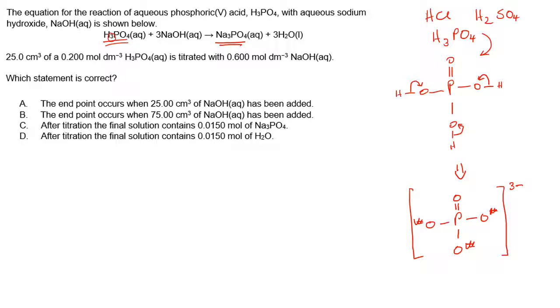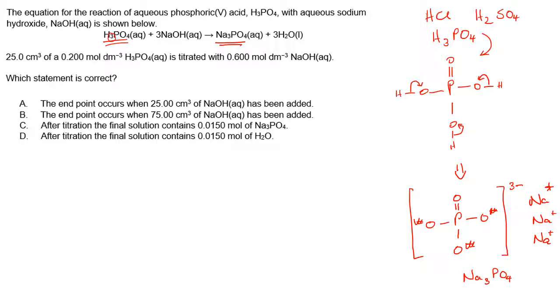This anion has 3 minus charges, so we need 3 sodium ions, because each sodium ion is a 1 plus ion, to neutralize the 3 minus charge on the 1 phosphate ion. That's why the salt has the formula Na3PO4.